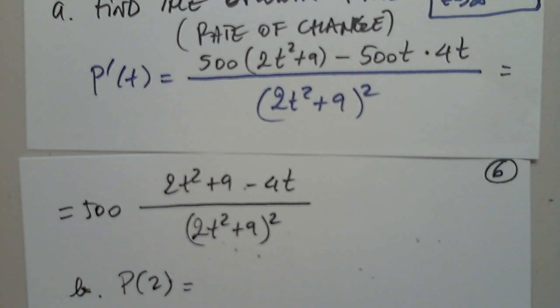Okay, next. Part C. Find the growth rate at 2 years. That's part C. What am I asked to find in part C? The growth rate at 2. Not the population at 2, but the growth rate at 2.